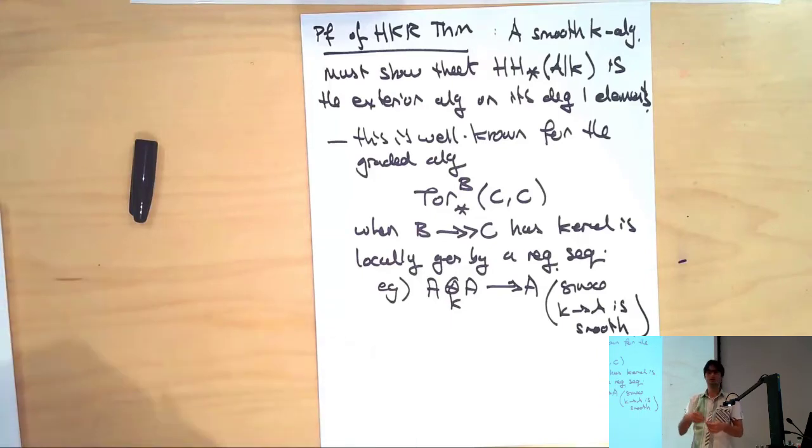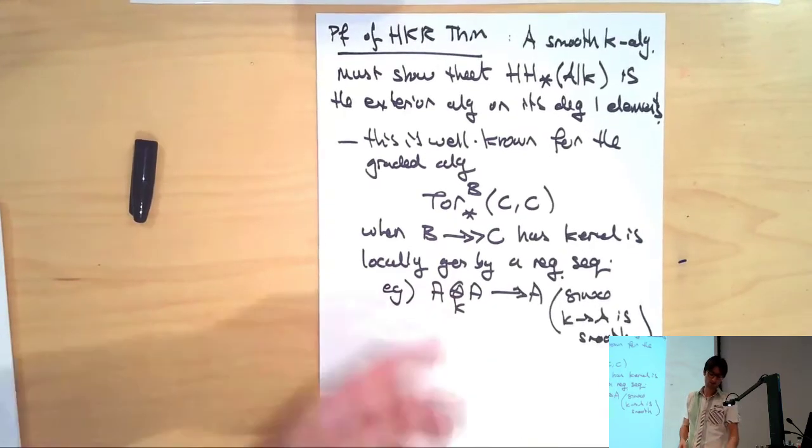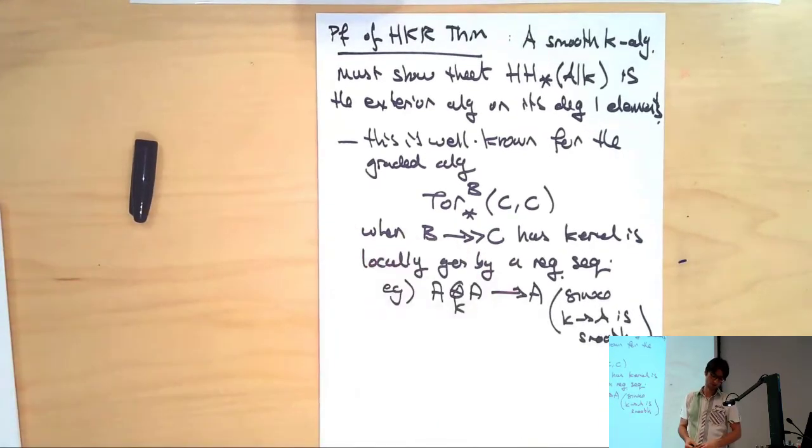I mean, up to localizing it and maybe looking at some little étale extension, it'll look like some polynomial algebra. And so you've got, say, K polynomial variable T, tensor K polynomial variable T, mapping by multiplication down to K of T, and then the kernel of this will just be generated by T tensor 1 minus 1 tensor T. That's your regular sequence, cutting out the kernel of multiplication. And that's true in general. So because A is a smooth K algebra, the kernel of multiplication will be cut out by some regular sequence.